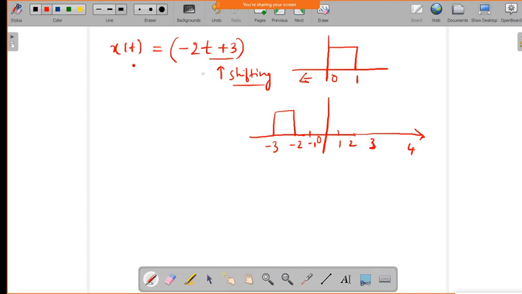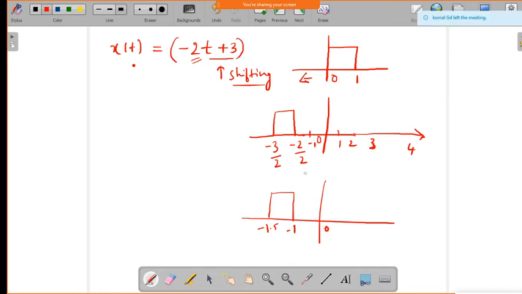Now I need to scale by 2. If I scale by 2, it will become 3 by 2 and 2 by 2. So this will have the values minus 1.5 and minus 1, and here it is 0. So this is your x of minus 2t plus 3.